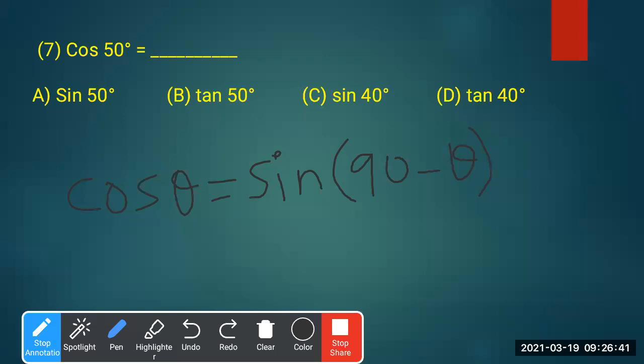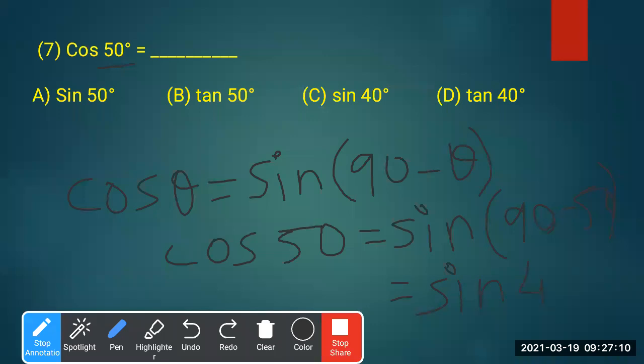Now what is the value of theta given? 50. So for cos 50, I will substitute the value of theta: cos 50 is equal to sine of 90 minus 50. 90 minus 50 will give you how much, students?